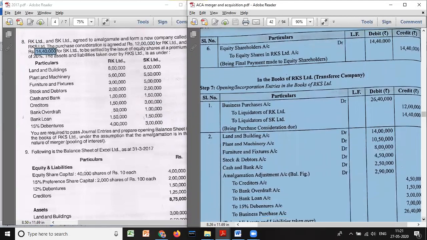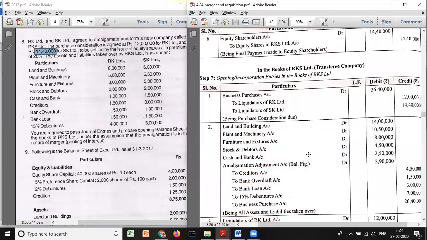The second one is what? Here also you should be careful. While passing incorporation entries, you take all assets except fictitious assets and all liabilities except equity share capital and preference share capital under merger. When it comes to the purchase method, you take all assets except fictitious assets and only liabilities.